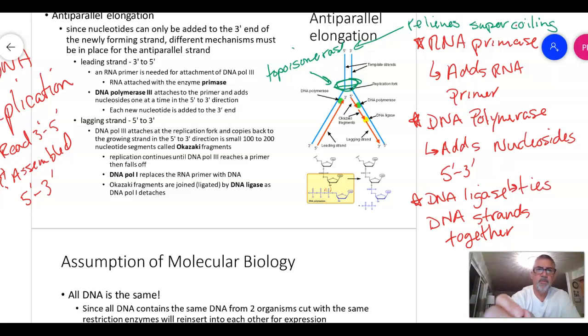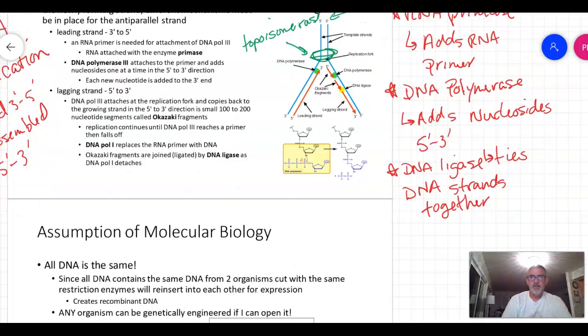That's another important one, because DNA is an alpha helix, and if I just tried to pull it apart, it would make knots on both sides. That's an important one, and that topoisomerase moves in the direction of the replication fork. So, for DNA synthesis.